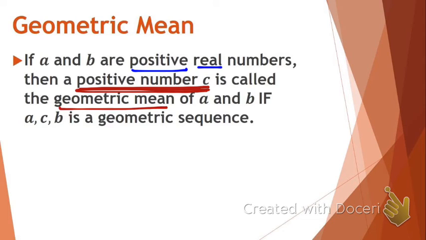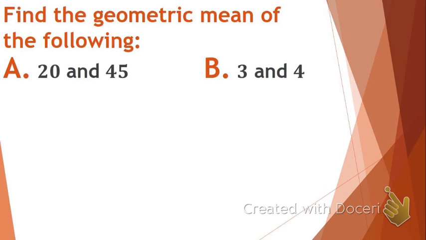You guys okay if I put up an example? All right. We're going to find the geometric mean of 20 and 45. So if I were to see this sequence written out, it'd be 20, and then some number that I don't know yet, and then 45, and all together, this would make a geometric sequence.